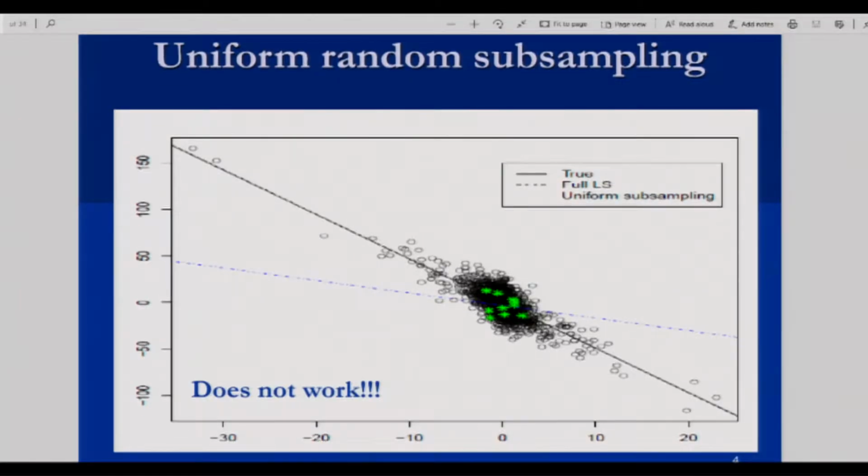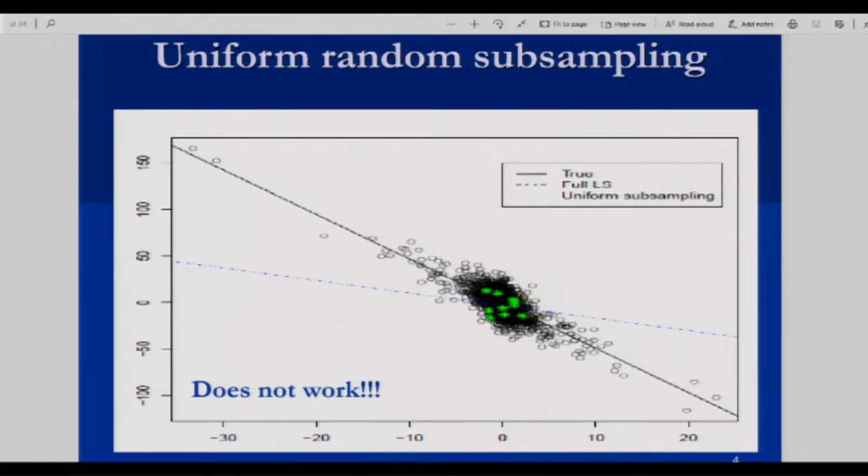In statistics, when we talk about random sampling, typically we are talking about uniform random sampling. Here I put a simple example to illustrate that uniform random sampling may not work very well.